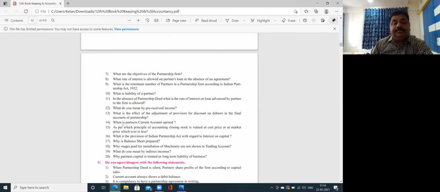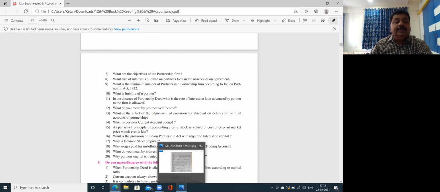Next, 13th number. What is the effect of the adjustment of provision for discount on debtors in the final account of partnership? I'm telling you first of all, the effects are less from debtors and profit and loss account debit.